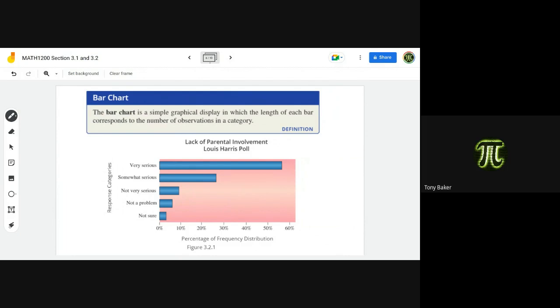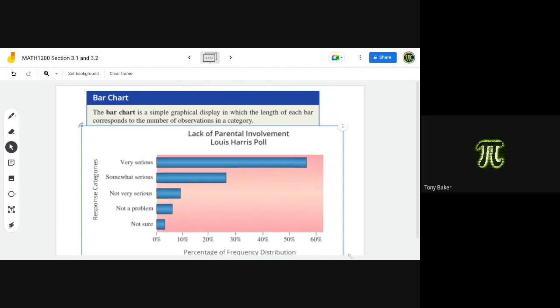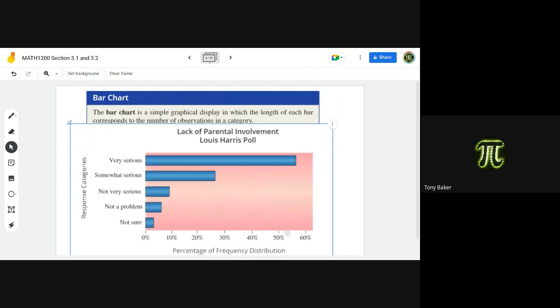This bar chart, is this a frequency distribution bar chart or a relative frequency distribution? Relative, because it's percent. That's the only difference.